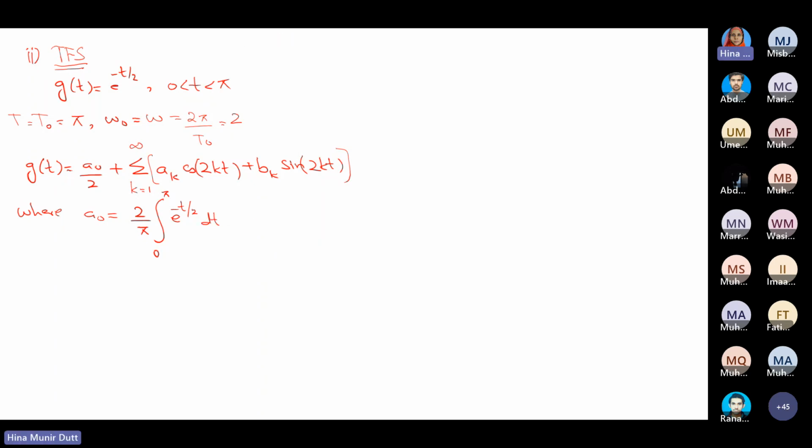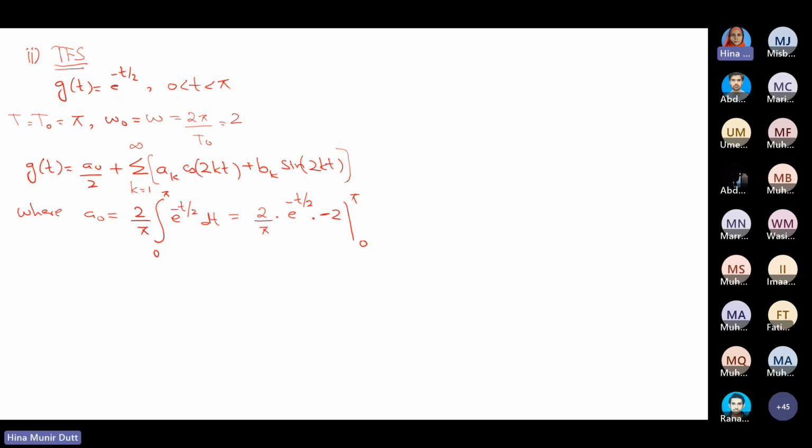So I will integrate it. 2 over pi is a constant. Integration of e to the power minus t over 2 is divided by the coefficient of its exponent, which is minus 1 by 2. I have to divide it with minus 1 by 2. So it becomes minus. So this is pi, this is 0.